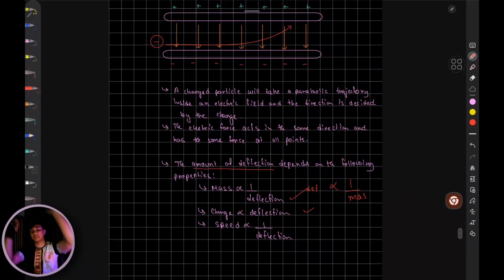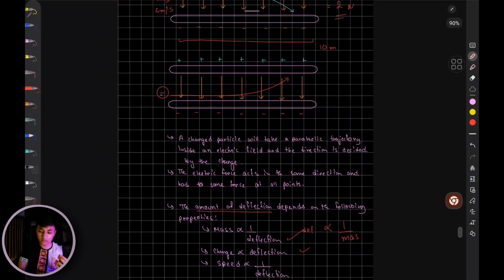The third and last point is the speed, the speed at which your charge is traveling. If the speed is larger, the influence due to the force will be lower. Why?